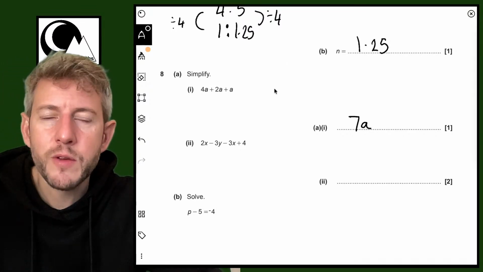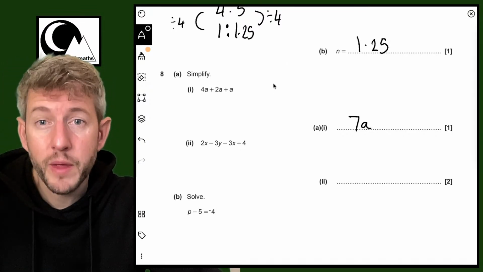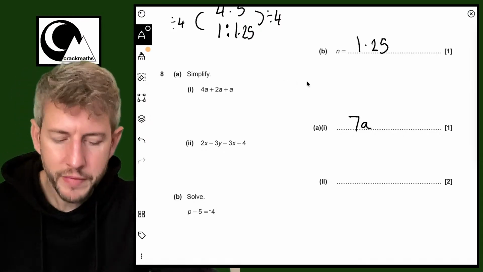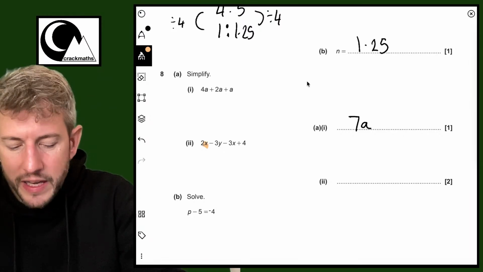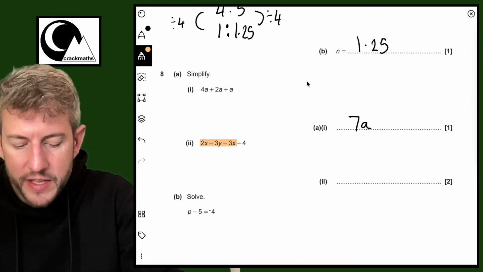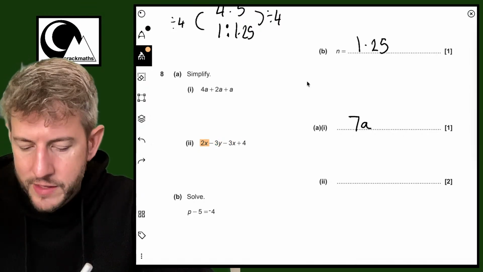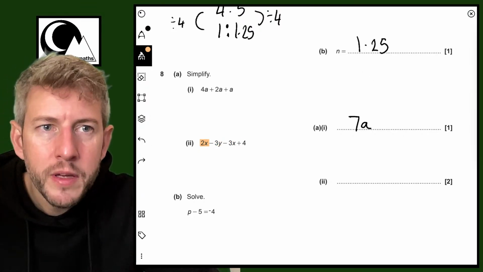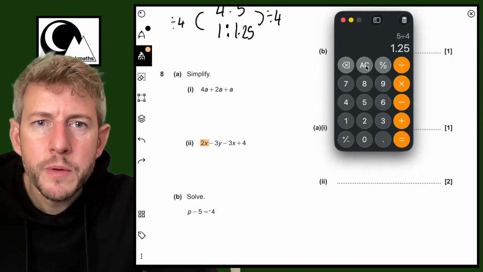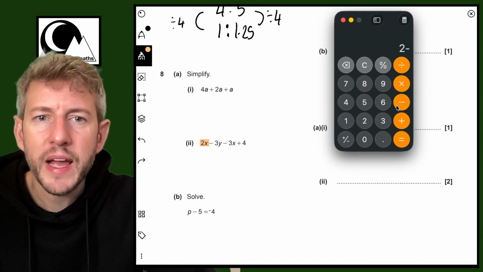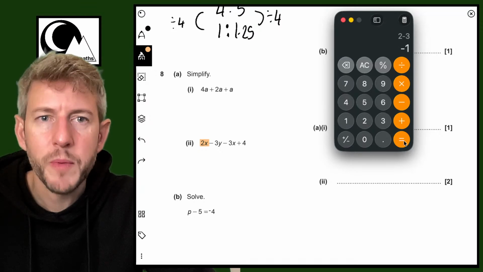Part 2 says we've got 2x minus 3y minus 3x plus 4. So here what we do is we collect the like terms. So that's going to be the 2x and the minus 3x there. And so what we can do, it is the calculator paper. So let's just think about this. We've got 2x, we can't put the x in obviously, but 2x minus 3x, so 2 minus 3.